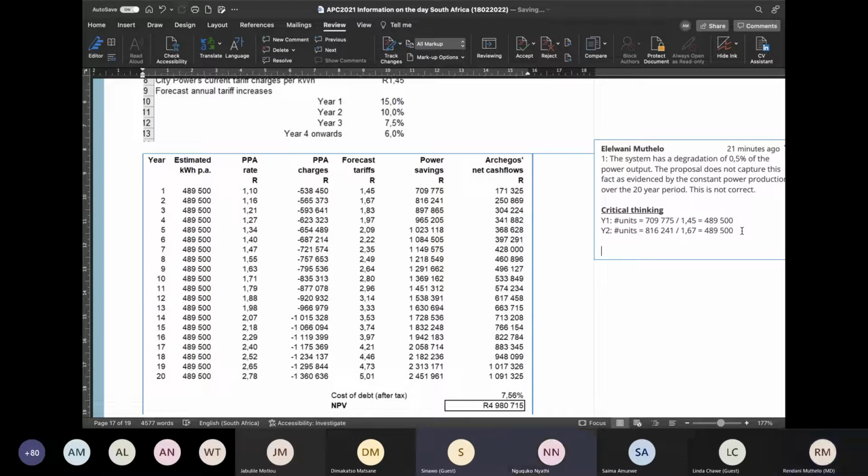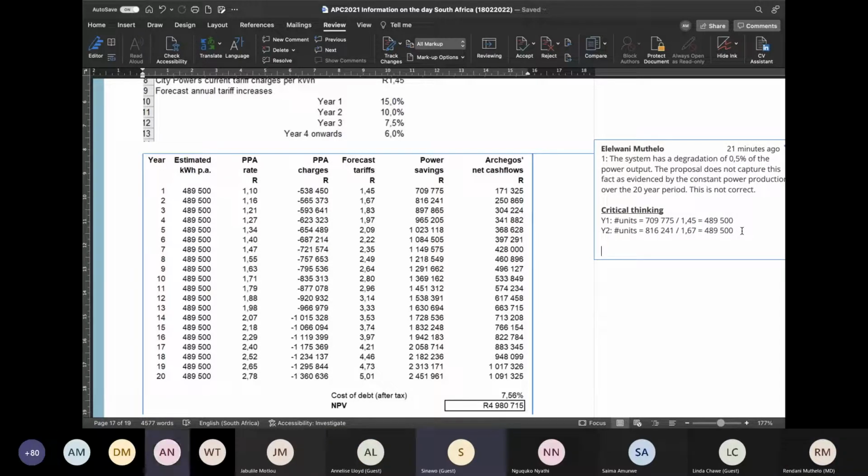Do you remember when we were talking about how you will calculate the savings? What do you need to compare with what? You compare the city power and the new one, the PPA agreement. But let's be specific.